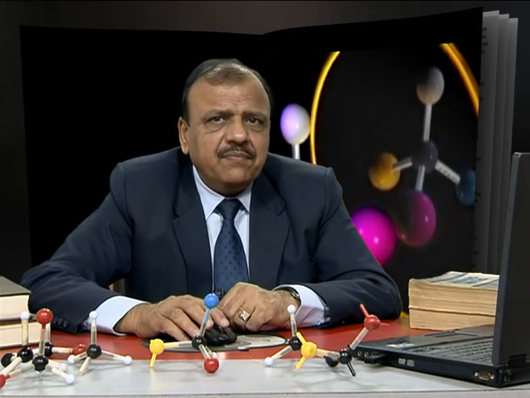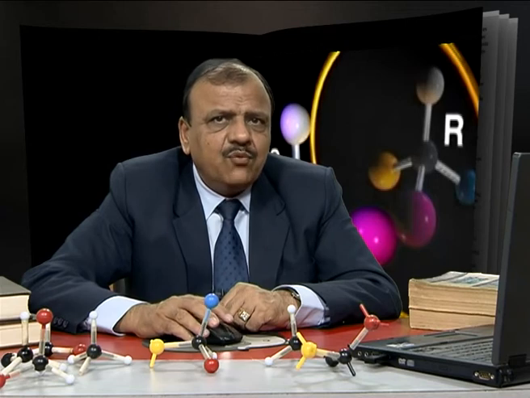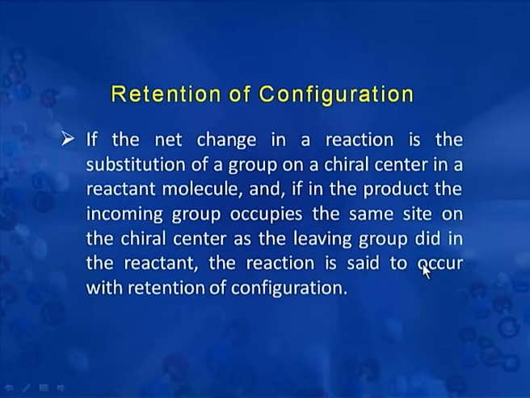Now, next we take up certain terms which are used in stereochemistry. Generally, one of them is retention of configuration. Retention means something is retained. Now, what is retained here? It is configuration that is retained. Means if in a reaction a group is replaced by another group and the group occupies the same position that was earlier occupied by the leaving group in the reactant, we say that it is retention of configuration.